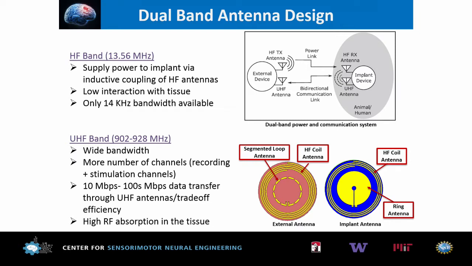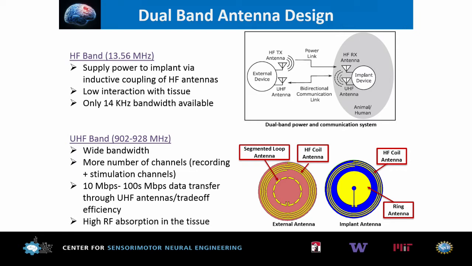And both devices have 2 co-located antennas, one designed at HF band and another designed at UHF band. As shown in the diagram, the external HF transmit antenna is used to supply power to the implant via inductive coupling, and UHF antennas are designed for data communication.